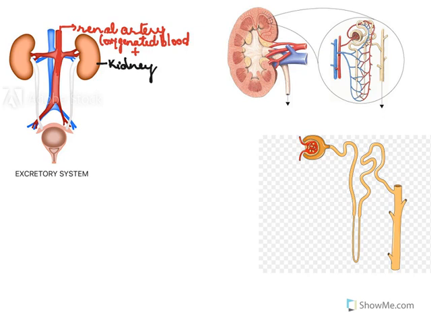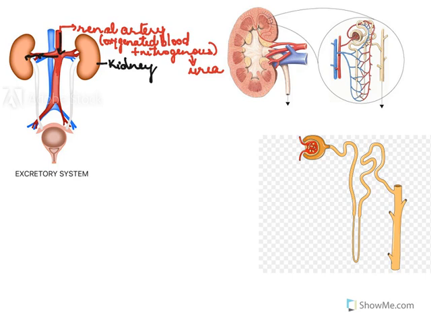So here I've written oxygenated blood with nitrogenous waste. The nitrogenous waste is like urea, uric acid. So here comes the renal artery with the nitrogenous waste. Now the blood from here begins to flow and gets into the kidney.